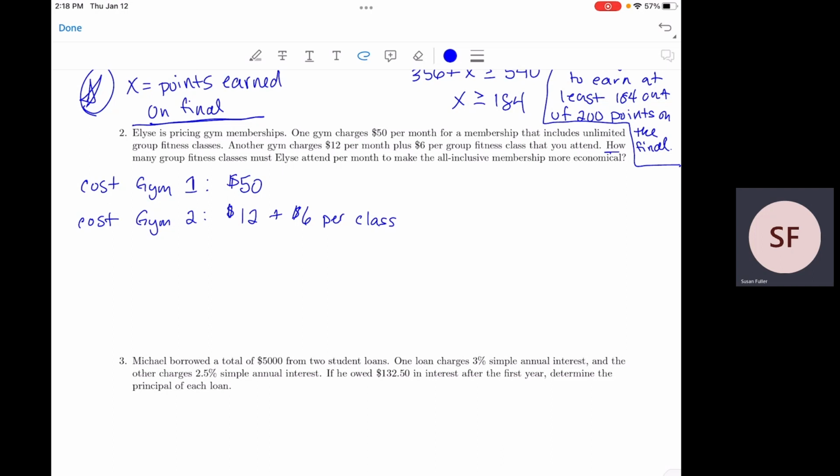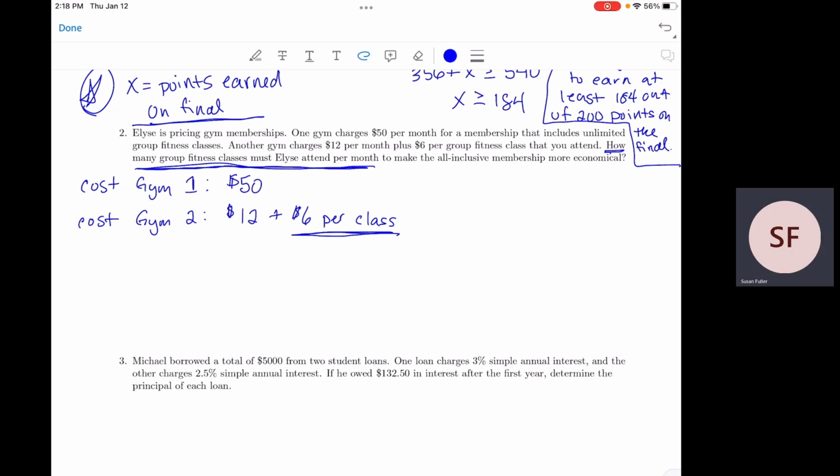And we're asked, how many group fitness classes must Elise attend per month? Because we're asked for that, and that's missing information that's going to affect the cost of gym number 2, that's a great option for our variable.